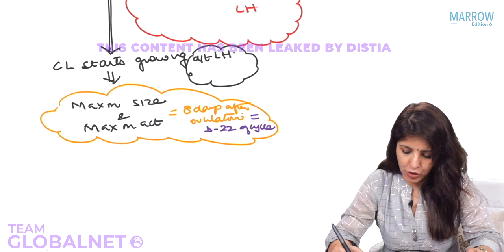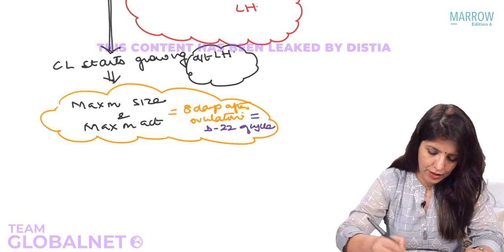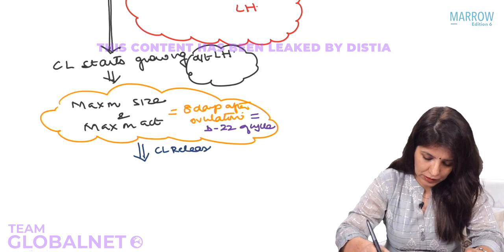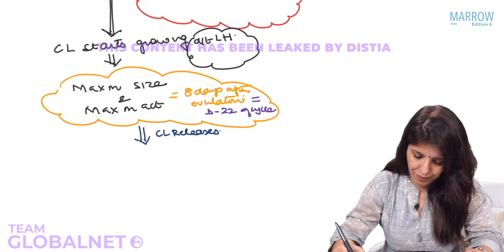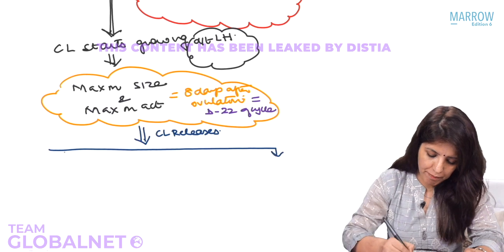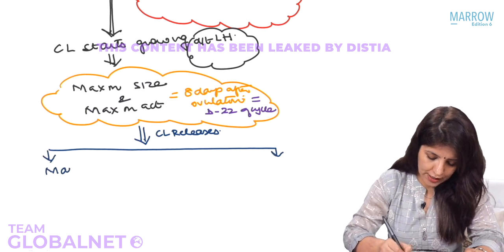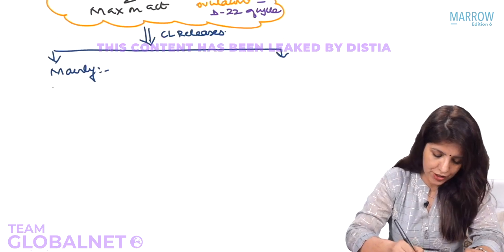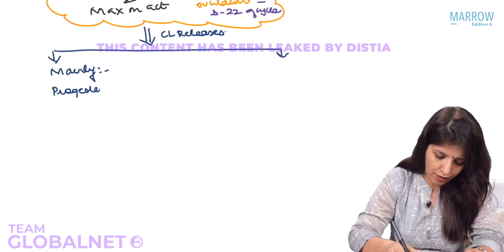Now this corpus luteum releases 3 hormones, right? Mainly the hormone which is released by corpus luteum is progesterone.